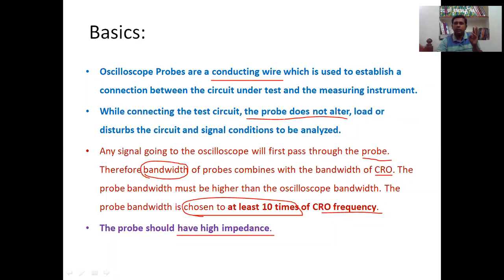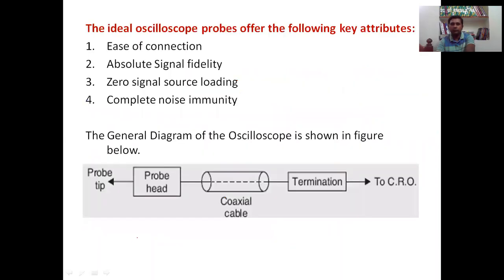Second, whenever you are using a CRO probe, it should not alter the circuit output, and the bandwidth of the probe is combined with the CRO. That's why high bandwidth probes are chosen. And to avoid the loading effects, high input impedance probes are highly preferable.